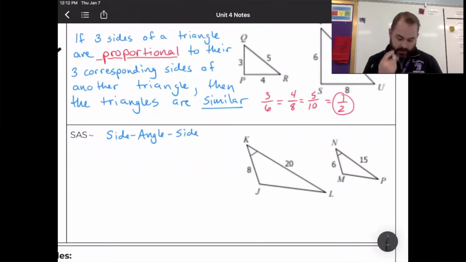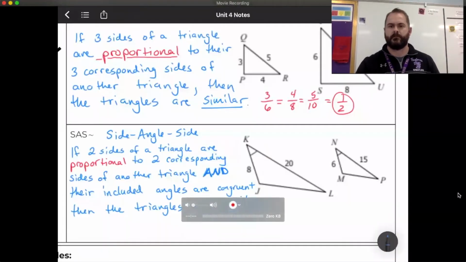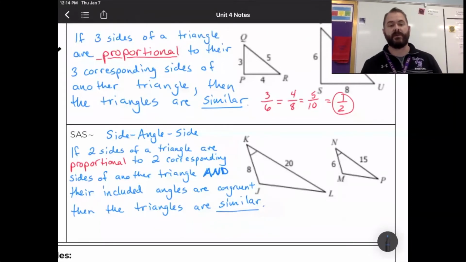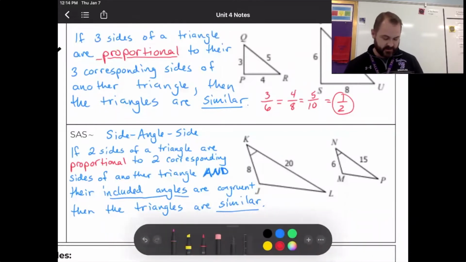which states this. If two sides of a triangle are proportional to two corresponding sides of another triangle and their included angles are congruent, then the triangles are similar. So here's what that looks like for this one.